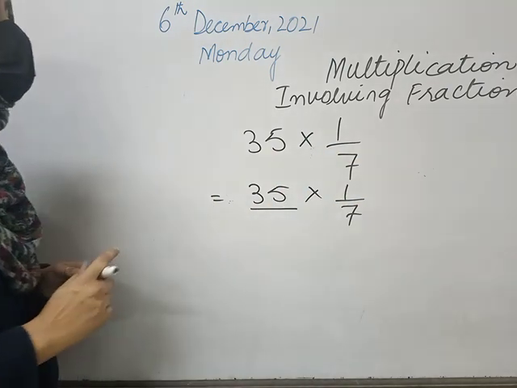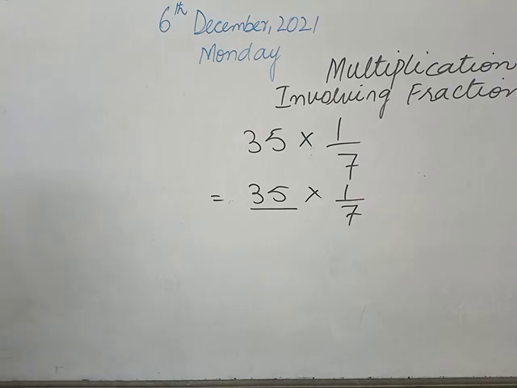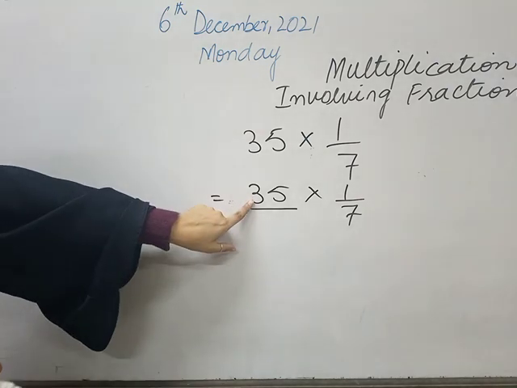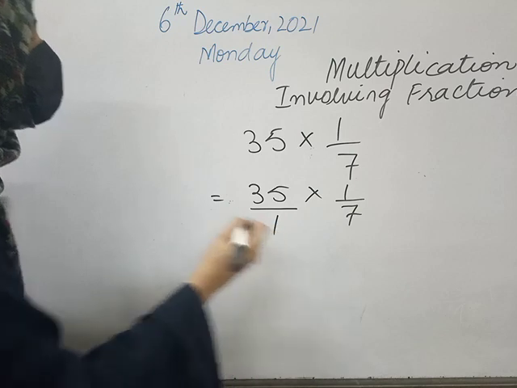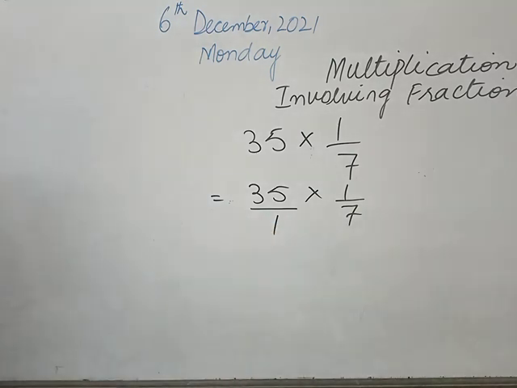To make the whole number a fraction, we will write 1 in the denominator. If we have to make a whole number a fraction, what do we do? We will simply write 1 in the denominator.